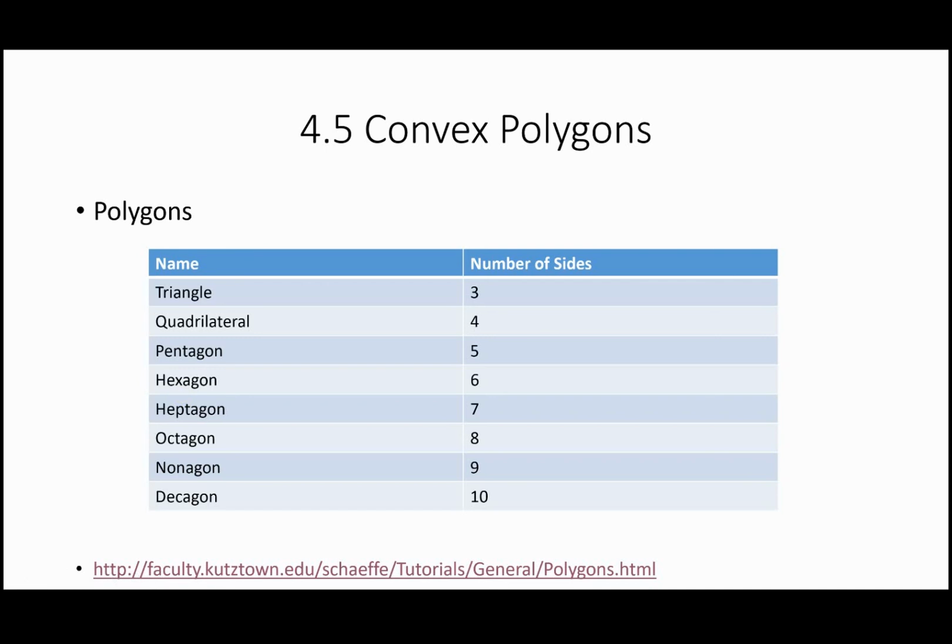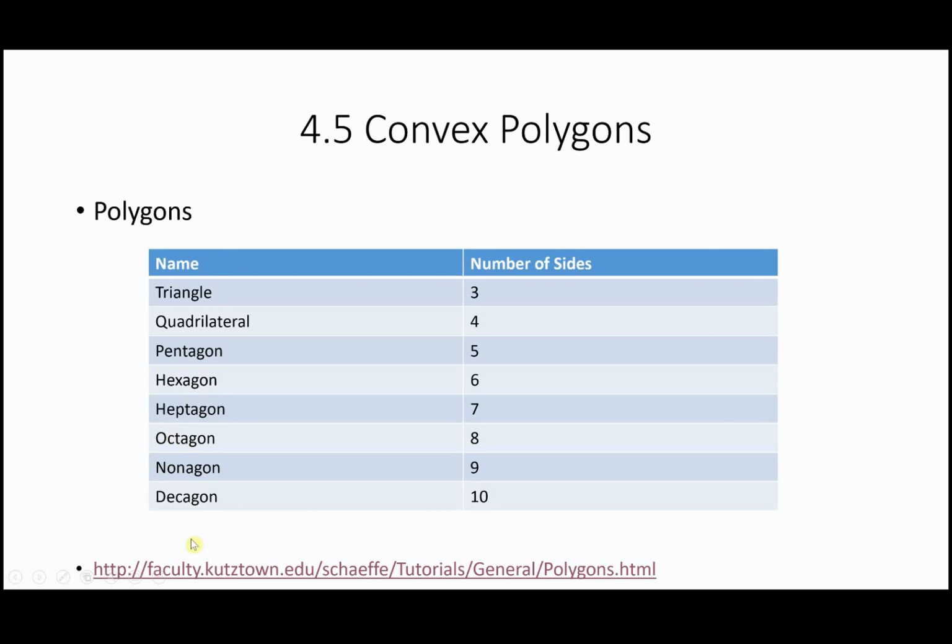Bees make their honeycombs using hexagonal shapes for their little cubbies that they put their larvae in, and that would eventually be filled with honey. So some of these happen in nature.